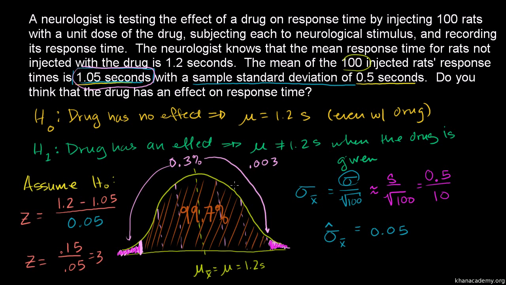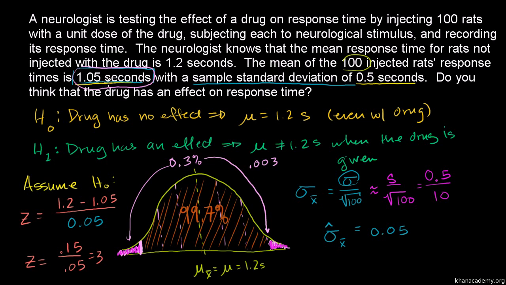So to answer our question, if we assume that the drug has no effect, the probability of getting a sample this extreme, or actually more extreme than this, is only 0.3%, less than 1 in 300. So if the null hypothesis was true, there's only a 1 in 300 chance that we would have gotten a result this extreme or more.